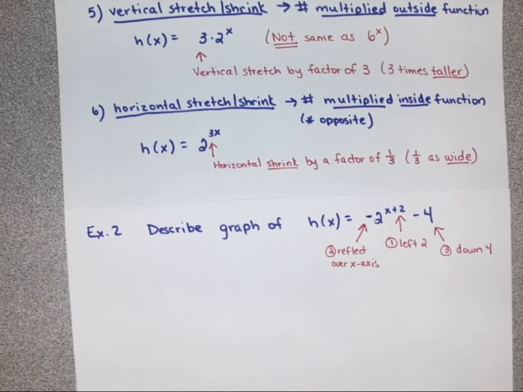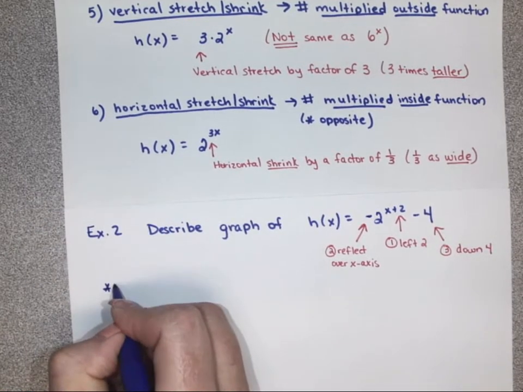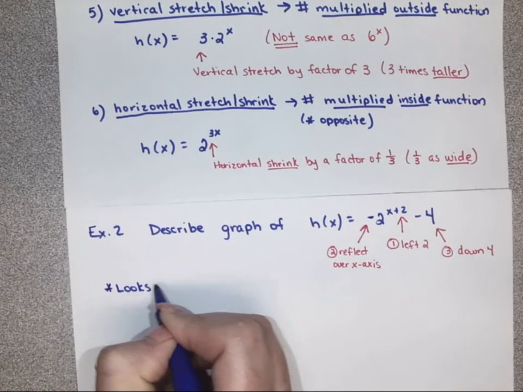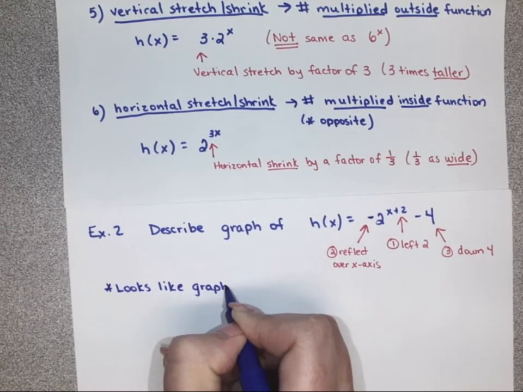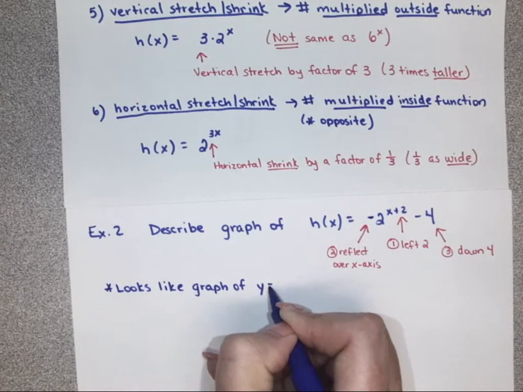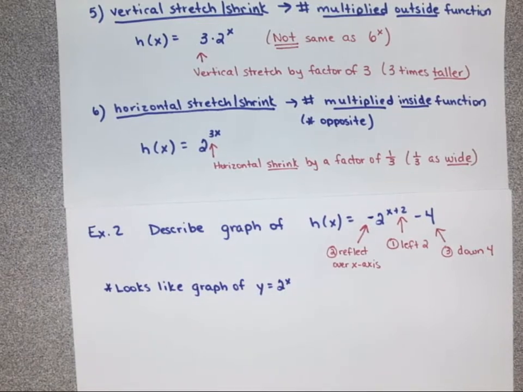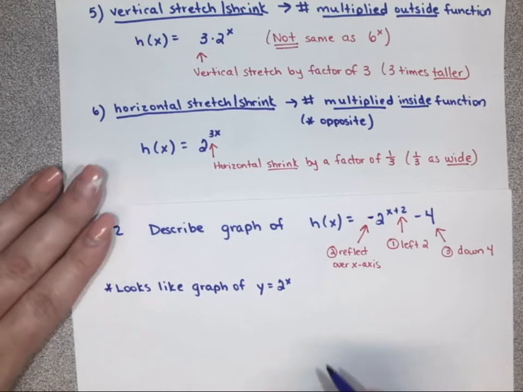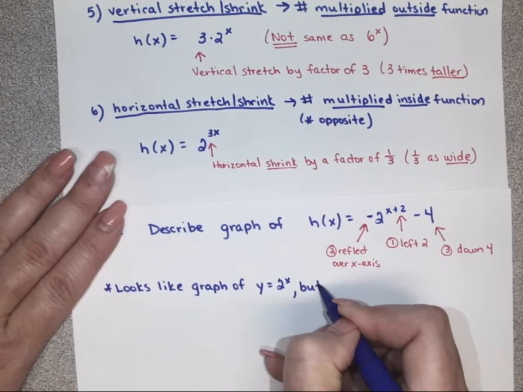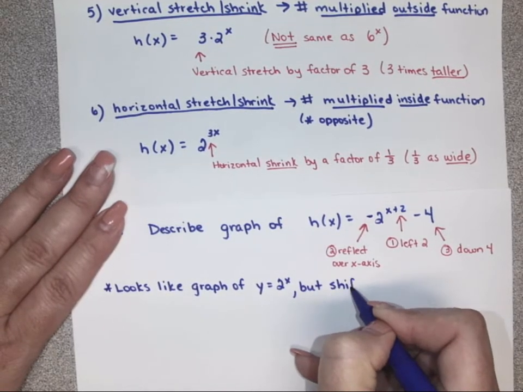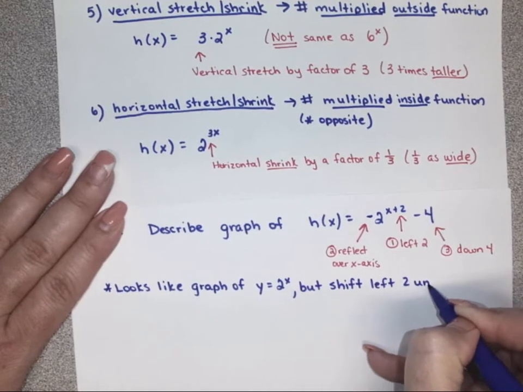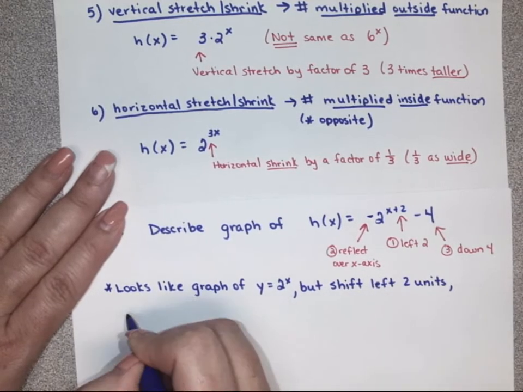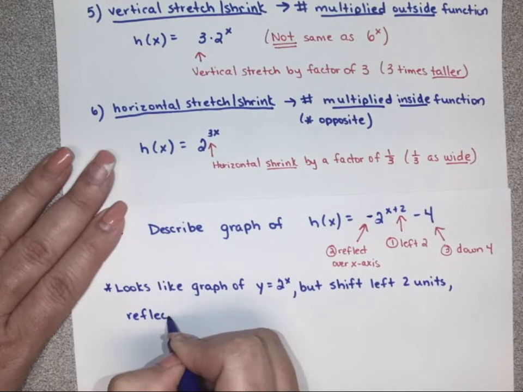Okay. So in other words, this is what the graph is going to look like. It's going to look like the graph of the one that we did at the beginning of class. So it looks like the graph of y equals 2 to the x power, the blue graph we did at the beginning. But we would shift left 2 units, then reflect it over the x-axis.